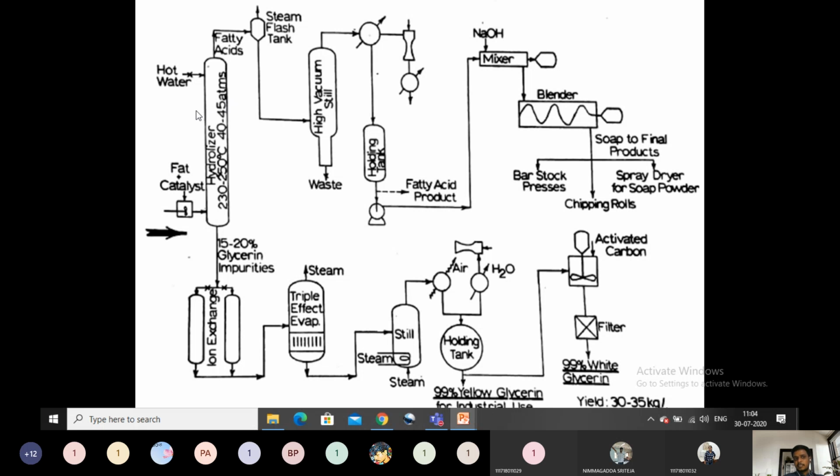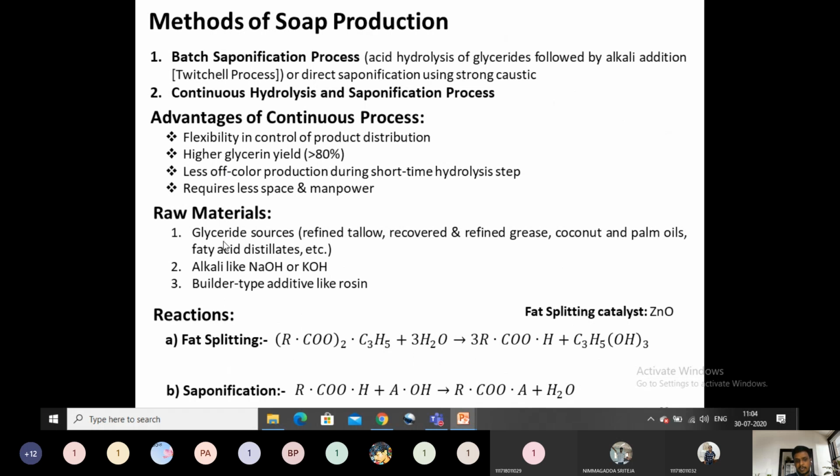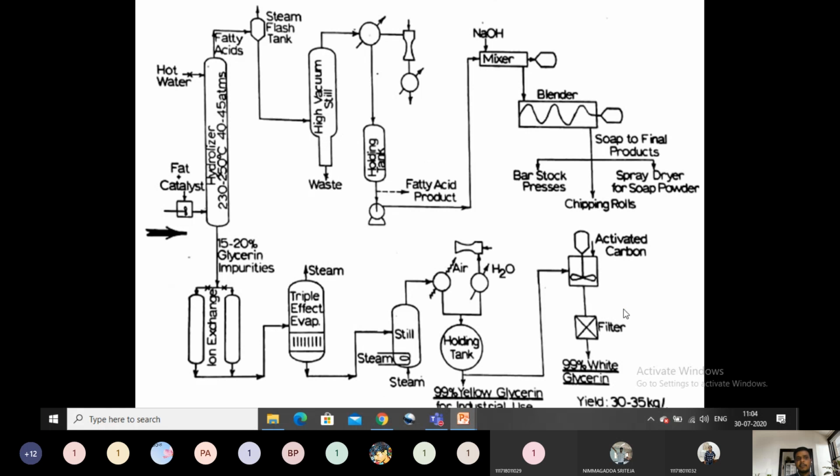The catalyst, as I already said, is ZnO, zinc oxide, which will be added together with this fat in counter current fashion to this steam at high pressure and high temperature. Then fat will be split into three fatty acids and one glycerol molecule. The free fatty acids will be separated as the top product of the hydrolyzer, and the glycerin will be separated as the bottom product.